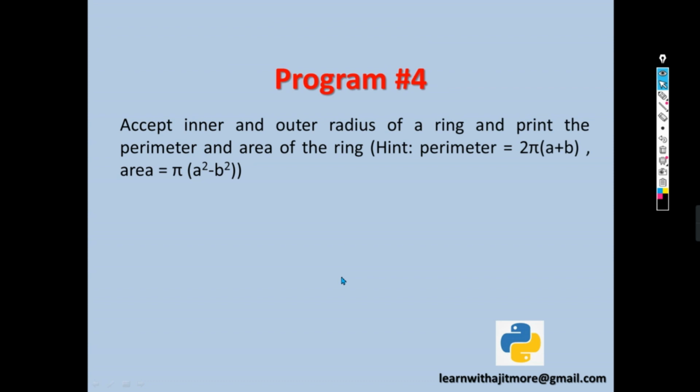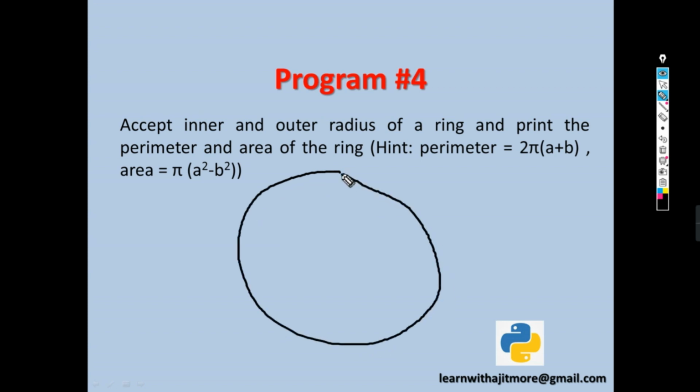Okay, now in this program they are saying accept inner and outer radius of a ring and print the perimeter. Perimeter means only circumference, because for circle the circumference means only perimeter, and area of the ring. Okay, see here, two circles will be there. This is the outer circle and this is the inner circle.